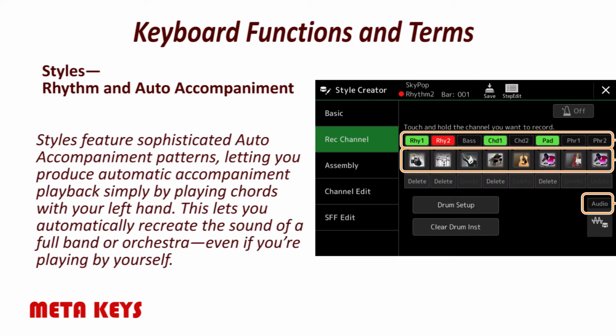Styles feature sophisticated auto accompaniment patterns, letting you produce automatic accompaniment playback simply by playing chords with your left hand. This lets you automatically recreate the sound of a full band or orchestra, even if you are playing by yourself.